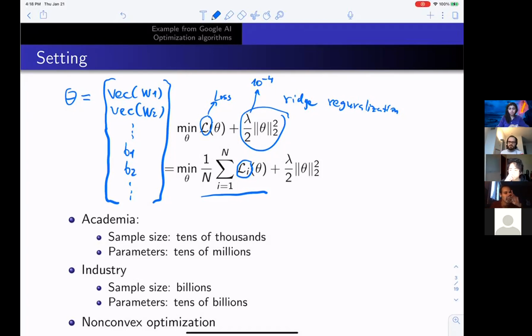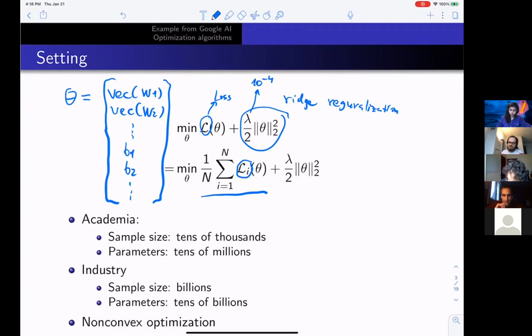What is the purpose of the ridge regularization? One thing that the ridge regularization does is it prevents the parameters from growing to infinity in magnitude. In some cases, you might train a network and you might see that the parameters are escaping to infinity. If you add ridge regularization, it would prevent that.